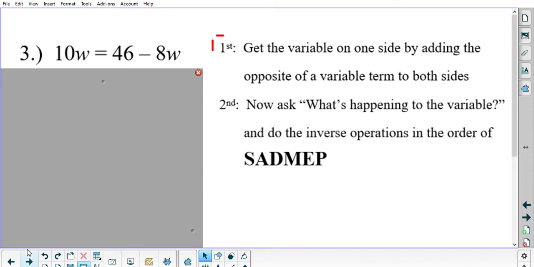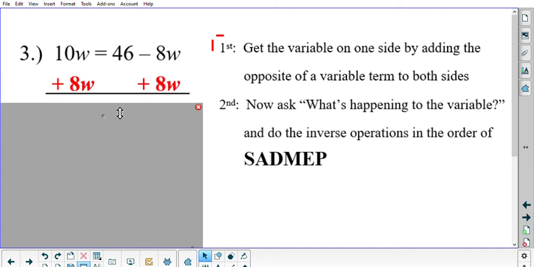Okay, I hope you already did number 3. Let's see how you did. Now, did you add by positive 8w? If you're like, whoa, I thought I should add by negative 8w. You see how there's subtraction to the left of that 8w?